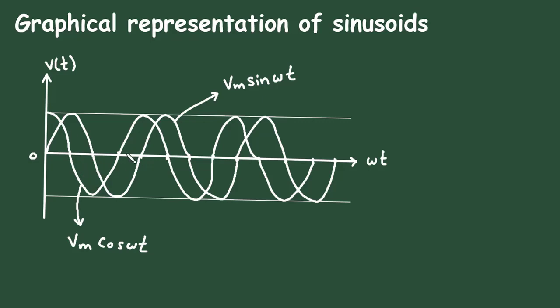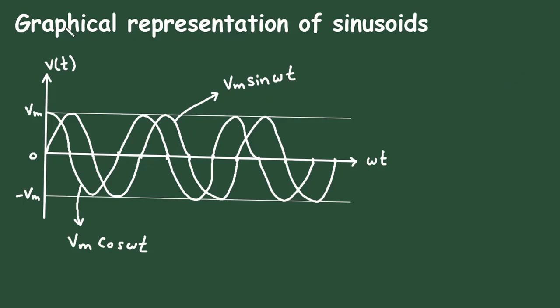This is cosine function and this is sine function. And this will be Vm, that is maximum voltage, and this is minus Vm, that is maximum voltage in the negative direction.